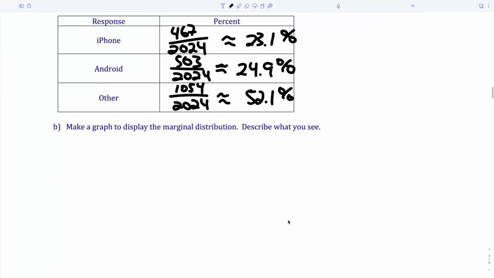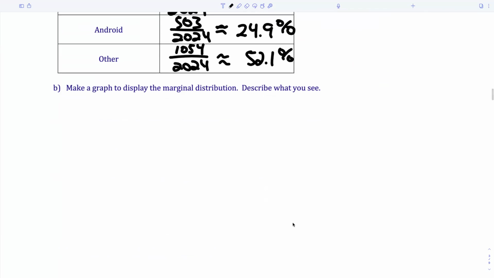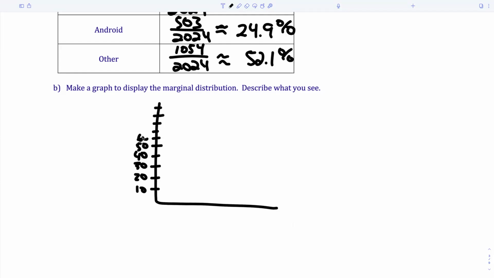Okay, so part B says, make a graph to display the marginal distribution and describe what you see. Okay, so I can either use a bar graph or a pie chart. I'm going to use a bar graph. 10, 20, 30, 40, 50, 60, 70, 80, 100. Okay, and so what is my y-axis?